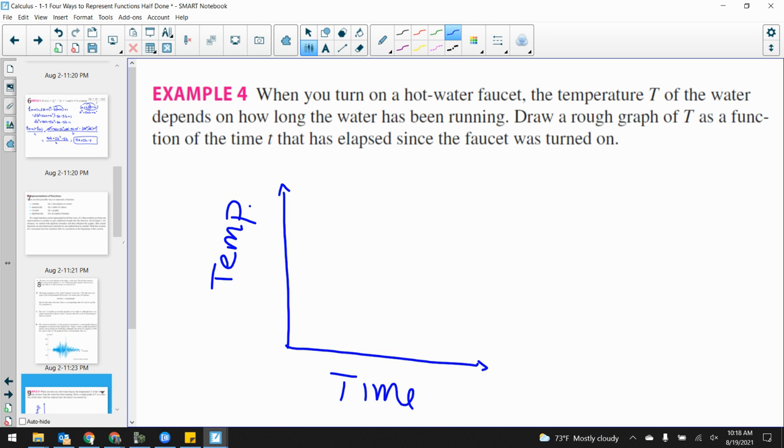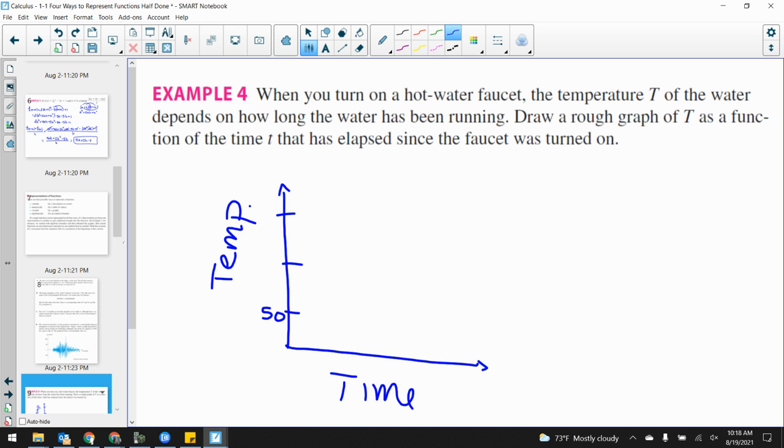As time elapses, what's going to be my temperature? Well, it's not really going to start at 0 as the temperature. So let's maybe, I don't know, 0, 20, 40, well, no, it wouldn't start that low at all. Let's go 0, 50, 100, 150. Let's go by 50s. We're just kind of ballparking here, right?